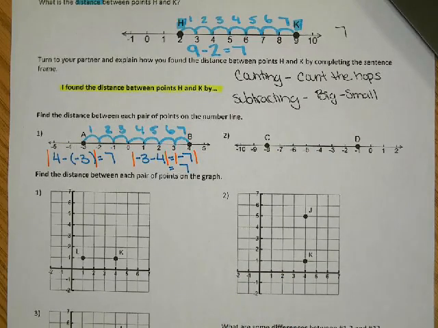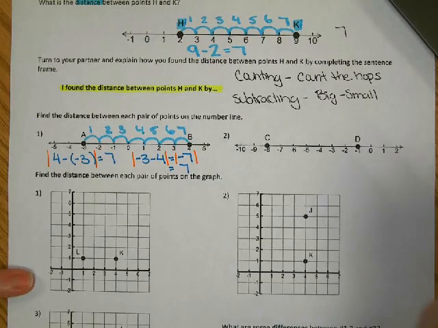Derek. How do we find the distance between C and D by subtracting? -1 minus -8.